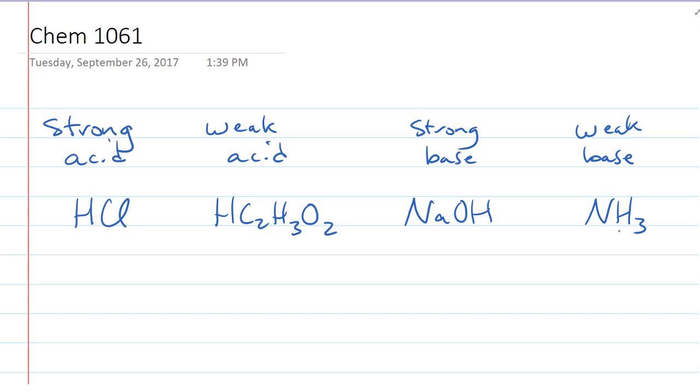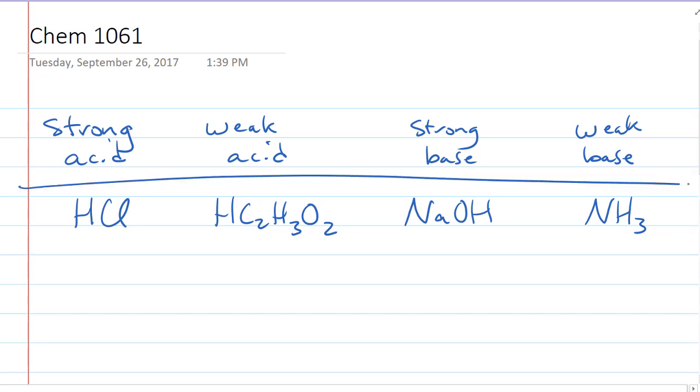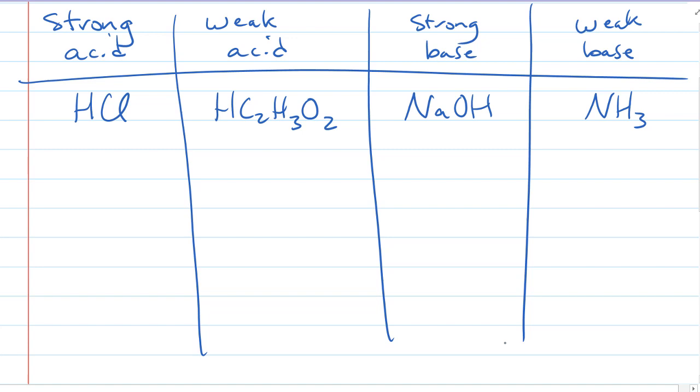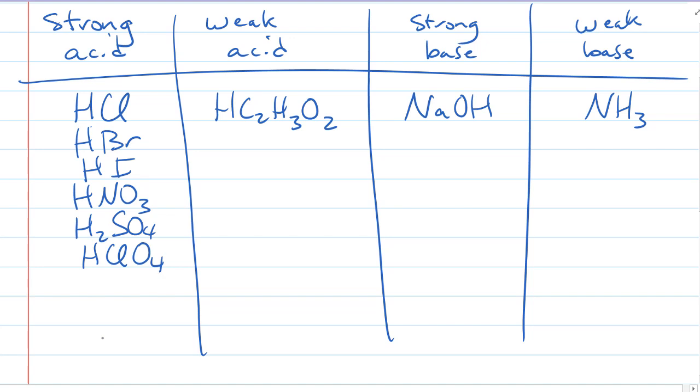Now, what you're going to do is memorize your strong acids, your weak acids, your strong bases, and weak bases. But we're going to make it hopefully relatively easy for you. The strong acids you should memorize are these right here: HCl, HBr, HI, HNO3, H2SO4, and HClO4.